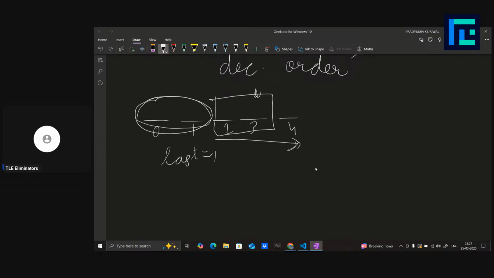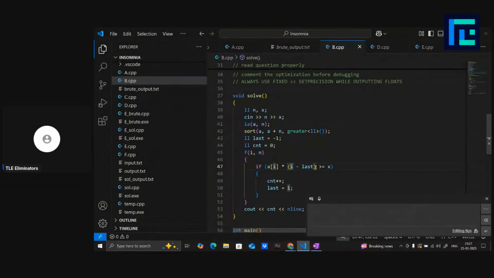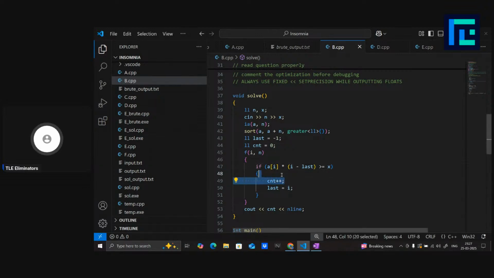So I'm just doing that: a of i into i minus last, like the length of this array. So 3 minus 1, which is 2. So if a of i into i minus last is greater than or equal to x, right? Then I'll do count plus plus.